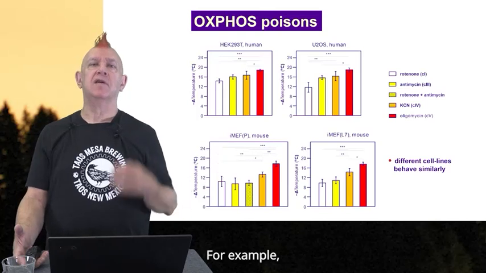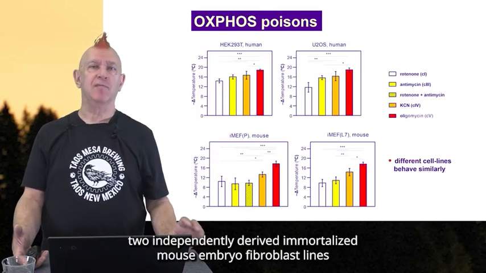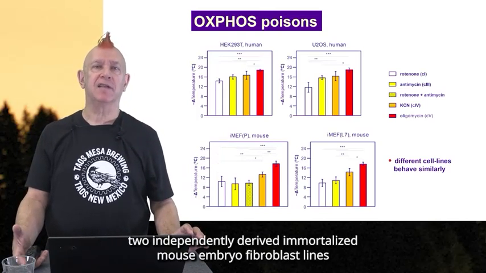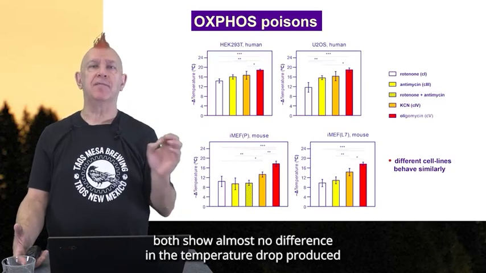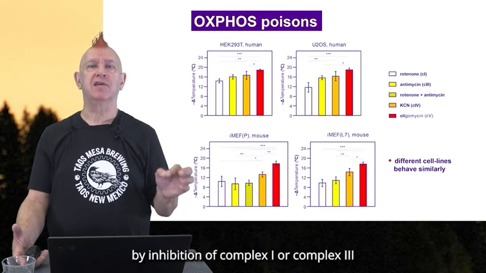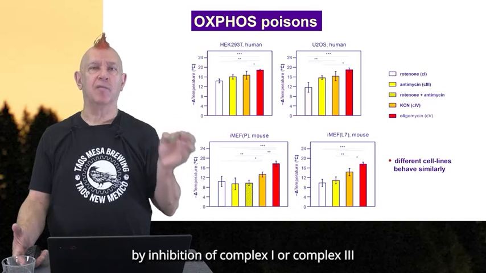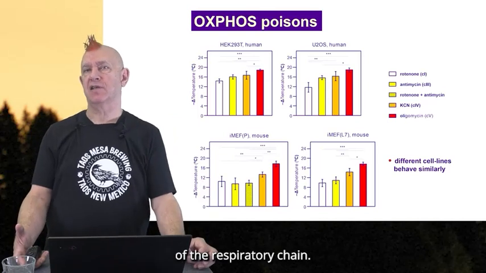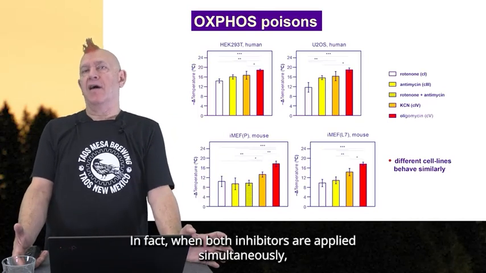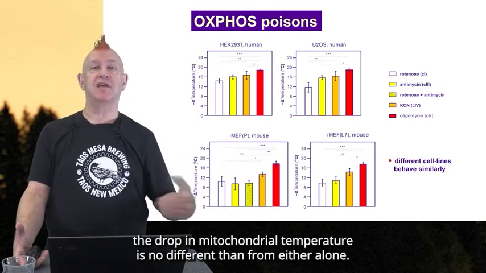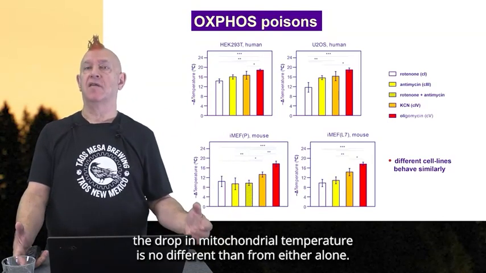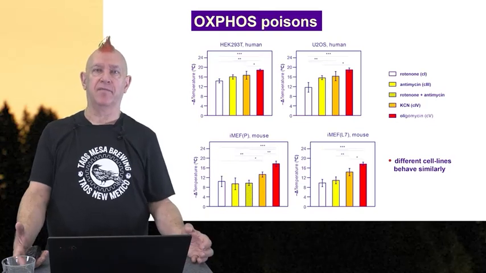For example, 2 independently derived immortalized mouse embryo fibroblast lines both show almost no difference in the temperature drop produced by inhibition of complex 1 or complex 3 of the respiratory chain. In fact, when both inhibitors are applied simultaneously, the drop in mitochondrial temperature is no different than from either alone.